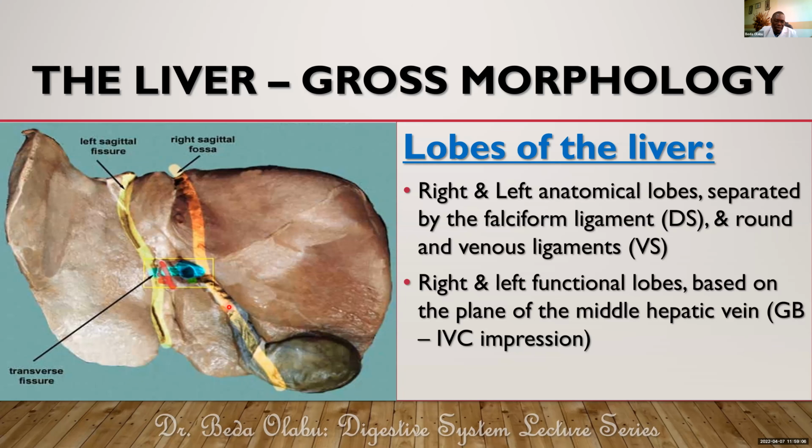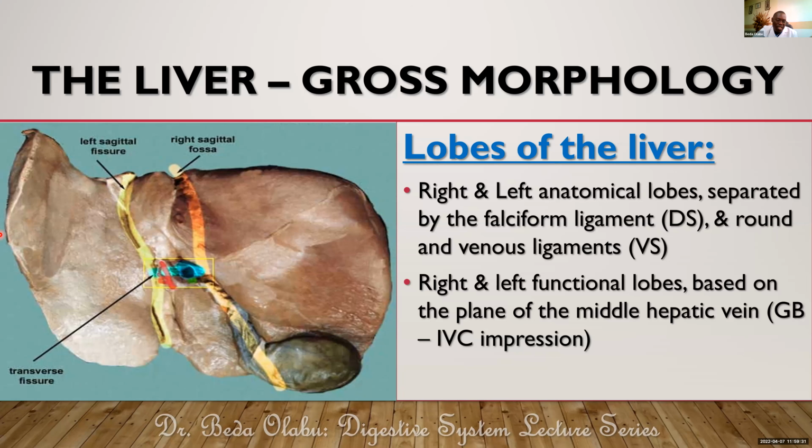The plane of the middle hepatic vein corresponds with the impression of the gallbladder here and the impression of the inferior vena cava there. So this is the plane of the middle hepatic vein. This one will be the right lobe and this one will be the left lobe.